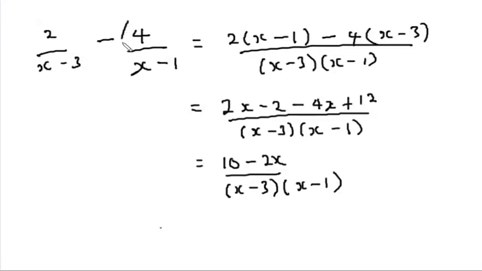So these are said to be the partial fractions. So 2 over x minus 3 and 4 over x minus 1 are said to be the partial fractions of this fraction here. Okay, so let's take a few examples for you to understand partial fractions better.